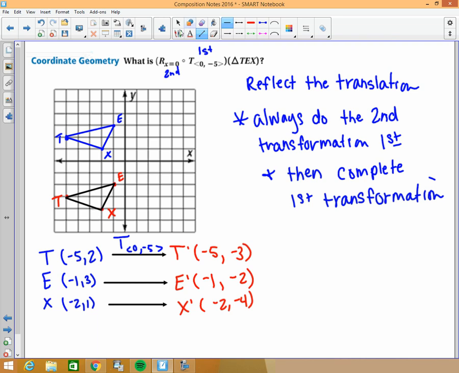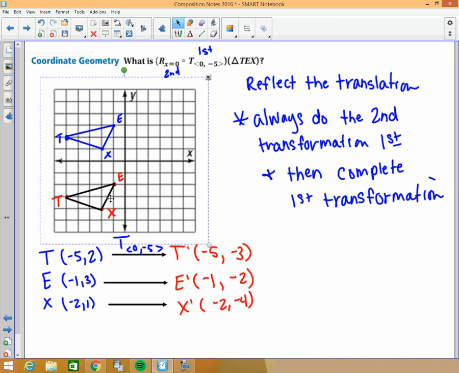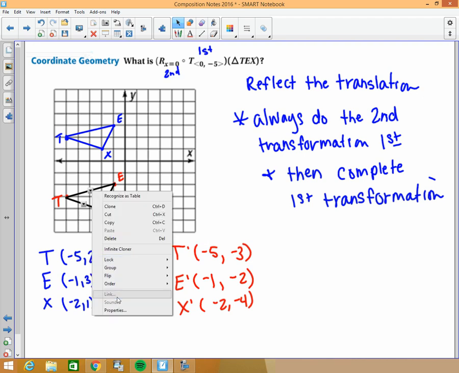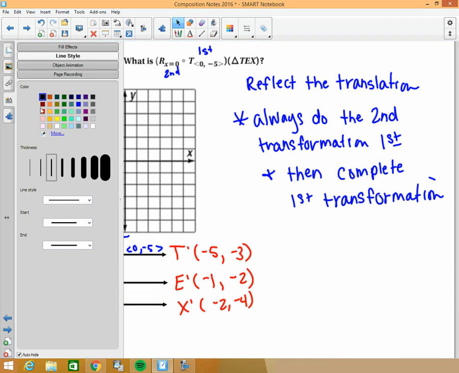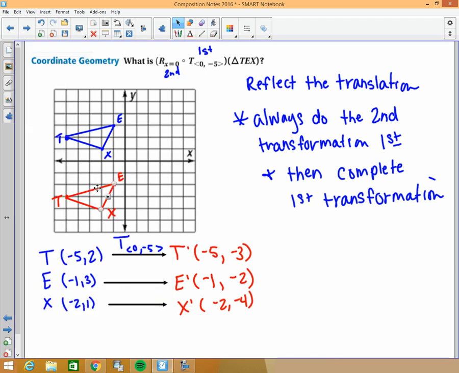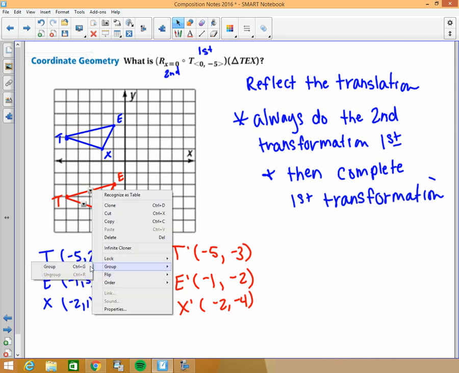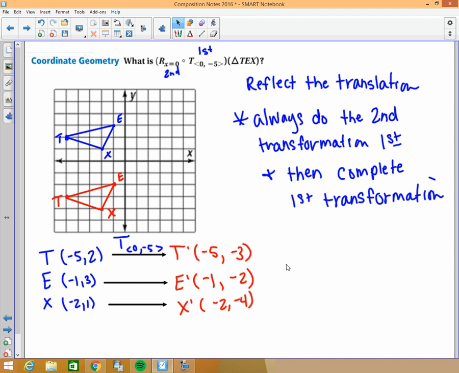Okay, and I'm going to go ahead and make that one red so we can keep it straight which movement's going which way. So now we have done the first transformation.